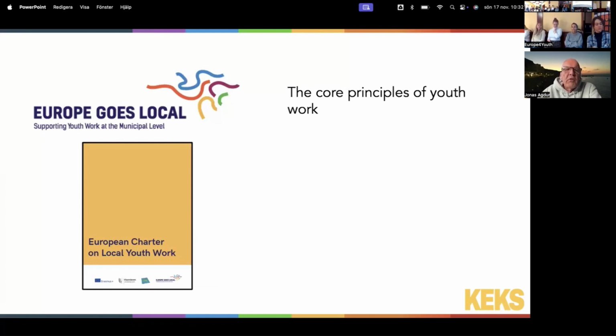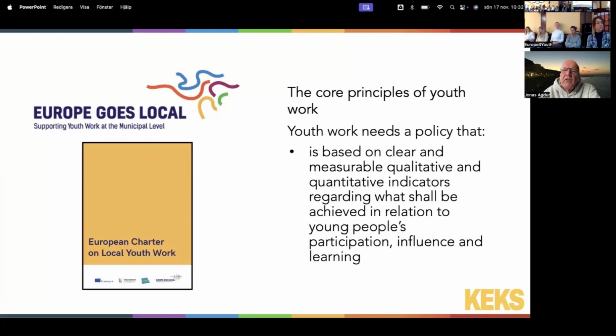It states the core principles of youth work and says that youth work needs a policy that is based on clear and measurable qualitative and quantitative indicators regarding what shall be achieved in relation to young people's participation, influence, and learning.